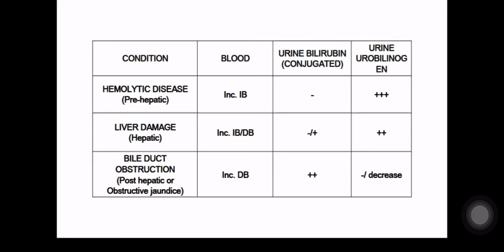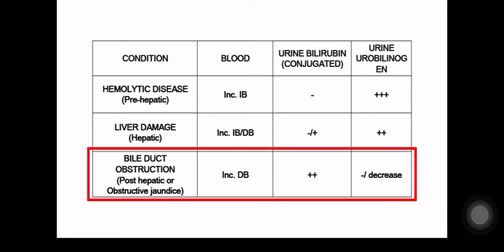Okay, just a summary. For bile duct obstruction sa post-hepatic phase, as seen in obstructive jaundice, increase po yung direct bilirubin sa blood, and positive po yung conjugated bilirubin sa urine and decrease naman po yung urine urobilinogen.